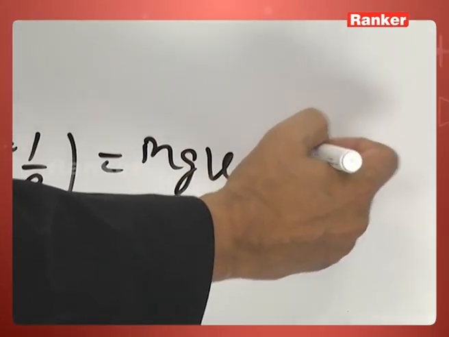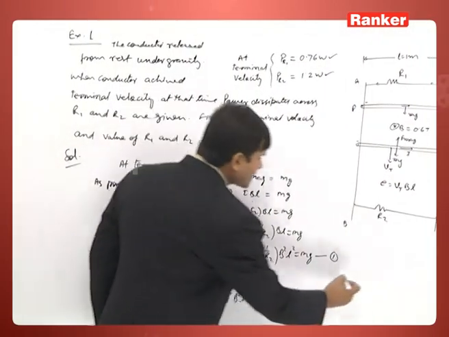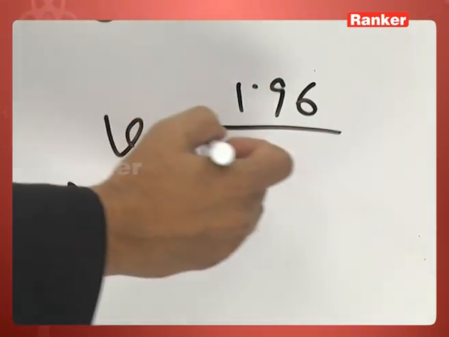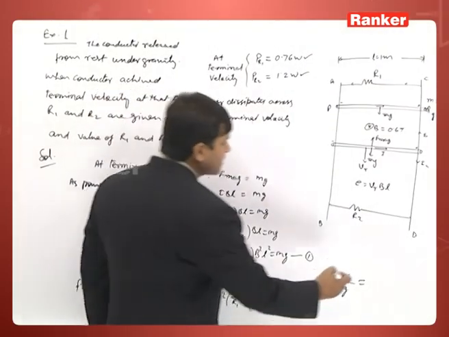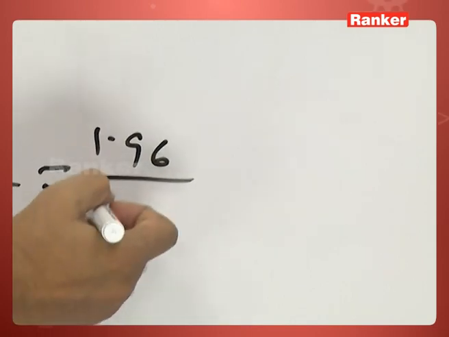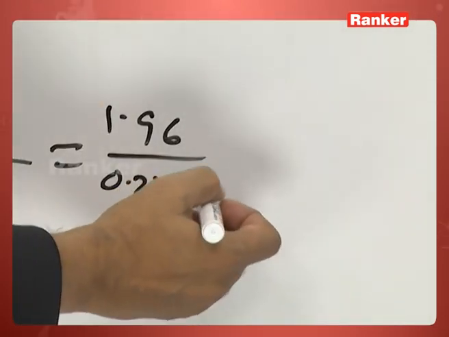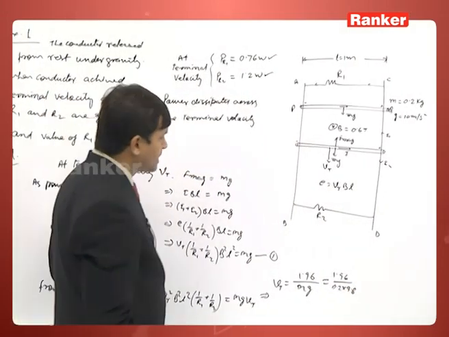So from here we can get the Vt value as 1.96 by mg. The m value is given as 0.2, and g is 9.8.